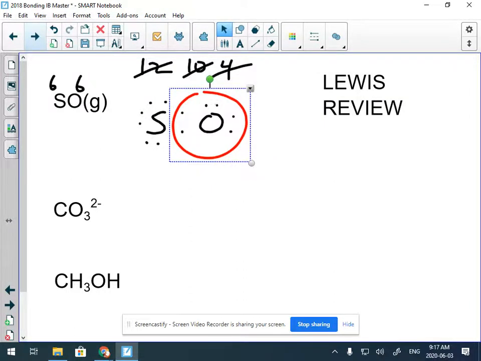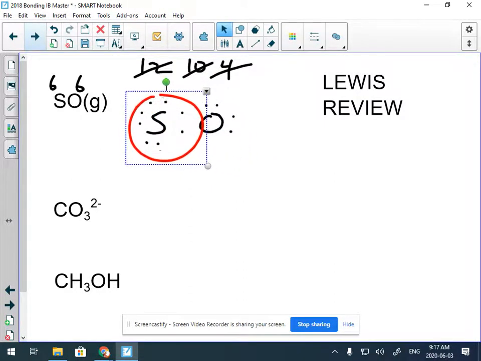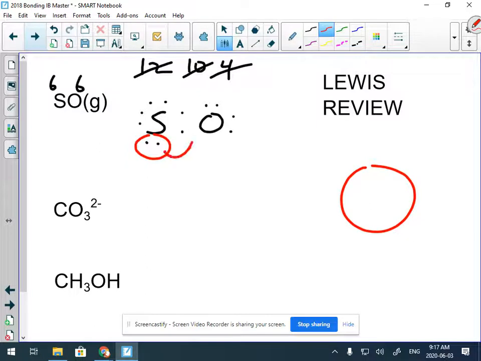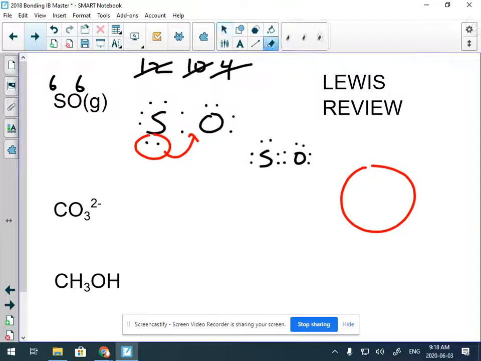It's got 6 around it. Sulfur has 8. If you remember the steps from yesterday, when you've run out of electrons, you can share, it doesn't matter where you share it from, you can share another bond pair. That allows a double bond to form. So then I get something that looks like this. And if I check around it, it works. Everything has 8 electrons.